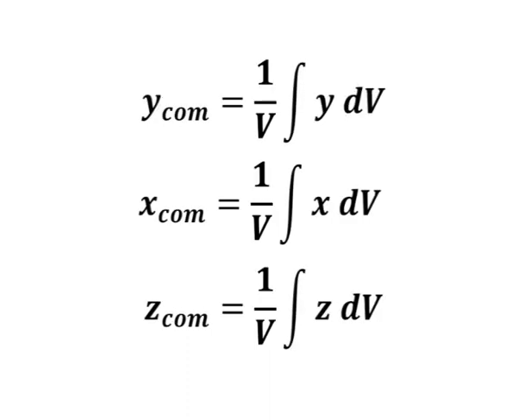You can bypass one or more of these integrals if an object has a point, a line, or a plane of symmetry. The center of mass of such an object then lies at that point, on that line, or in that plane. For example, the center of mass of a uniform sphere, which has a point of symmetry, is at the center of the sphere, which is the point of symmetry.